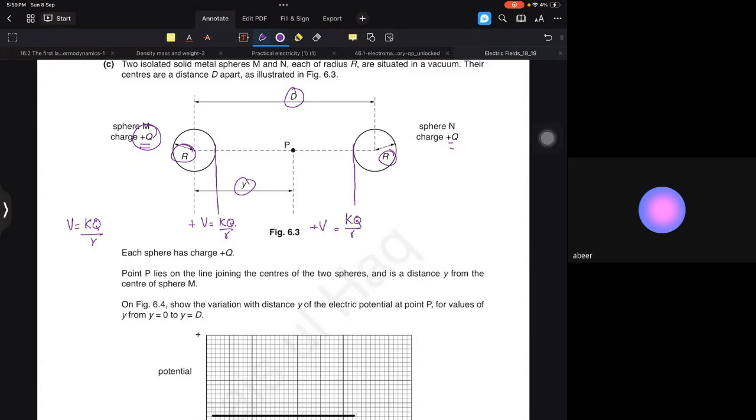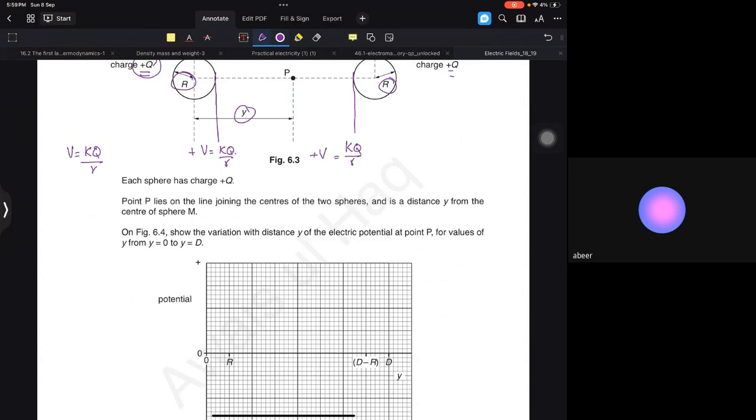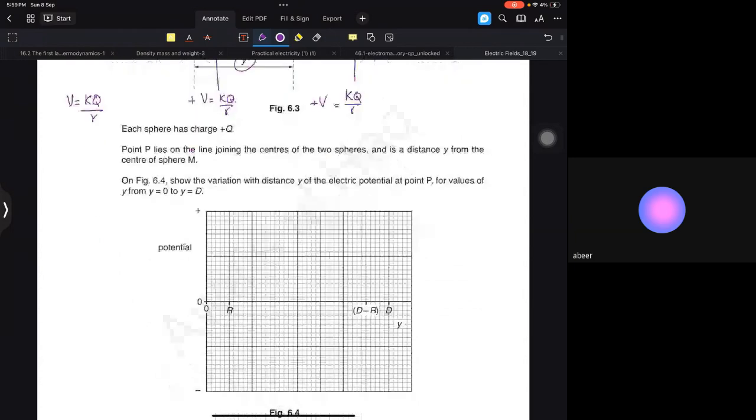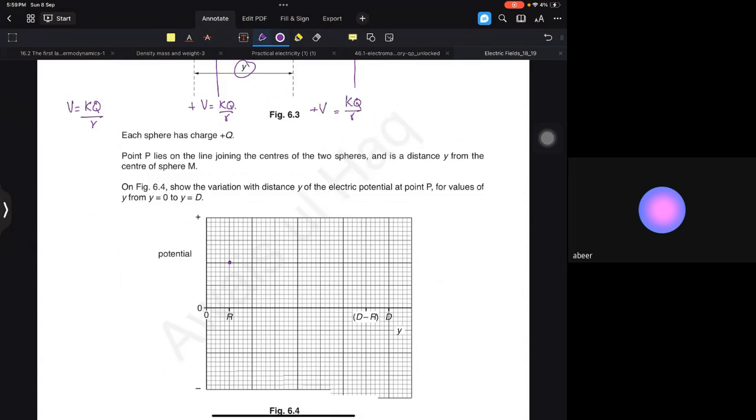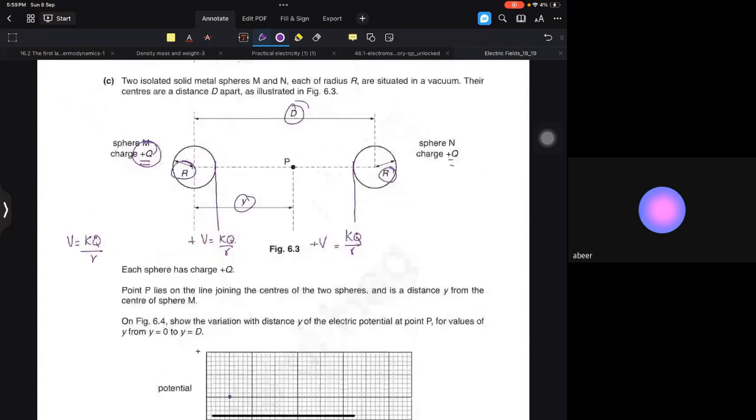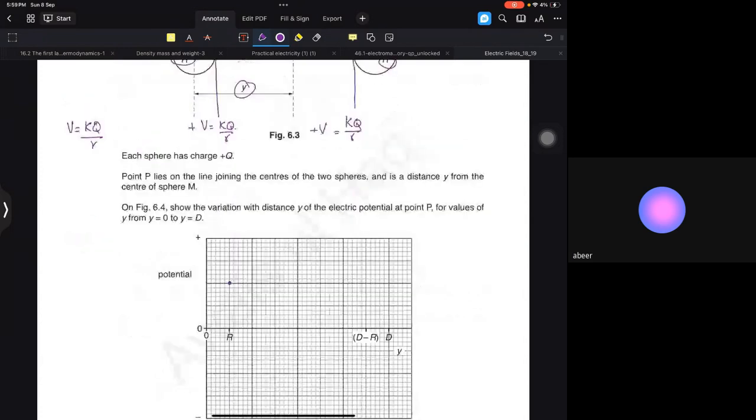Now, you will have to draw this graph. The radius of the first one is this. So I'm going to put it wherever you feel like. You can start from this point. And then this point is obviously d minus R, right? So you can start from d minus R and put it at the same spot like this.